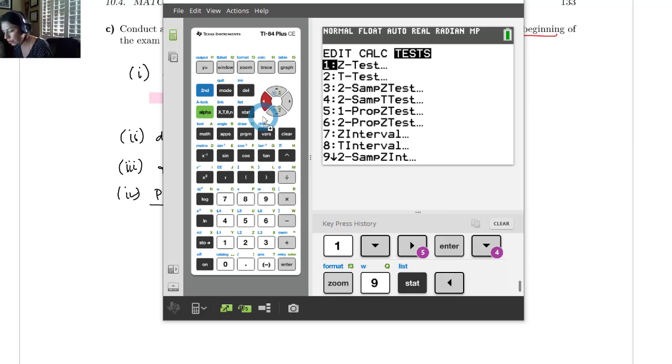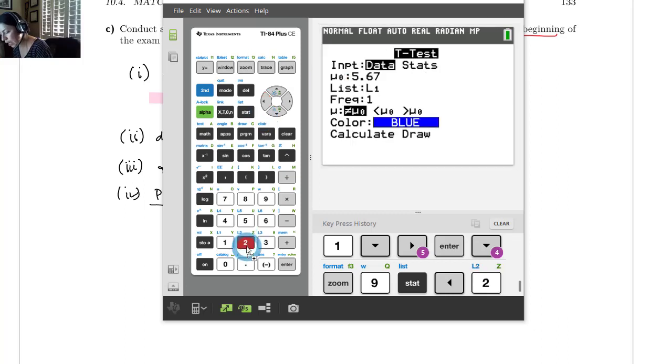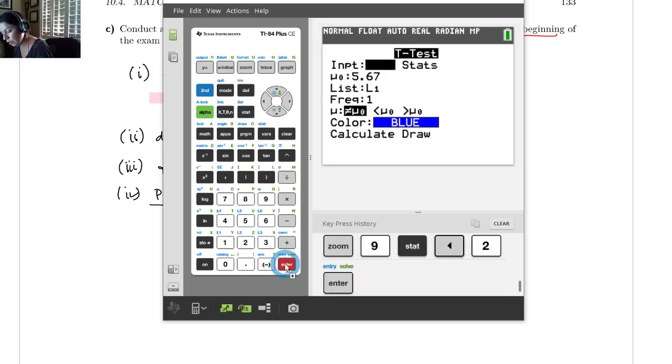So go to 2, you have data, and you're testing about 0 on the differences in list 3. Leave FREQ 1, and you're doing a right tail test.